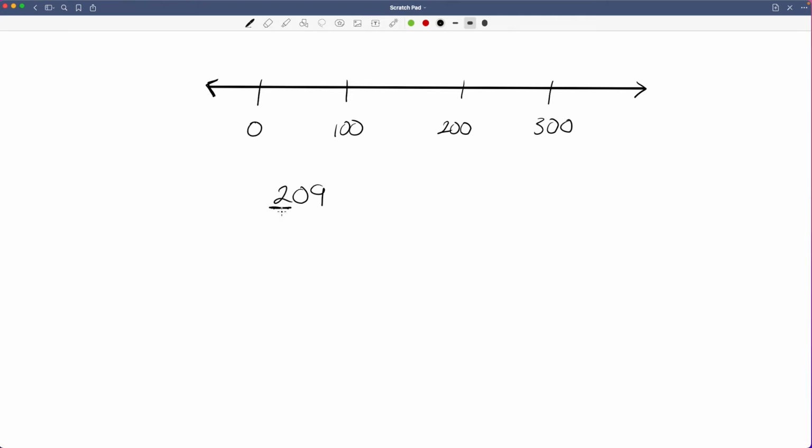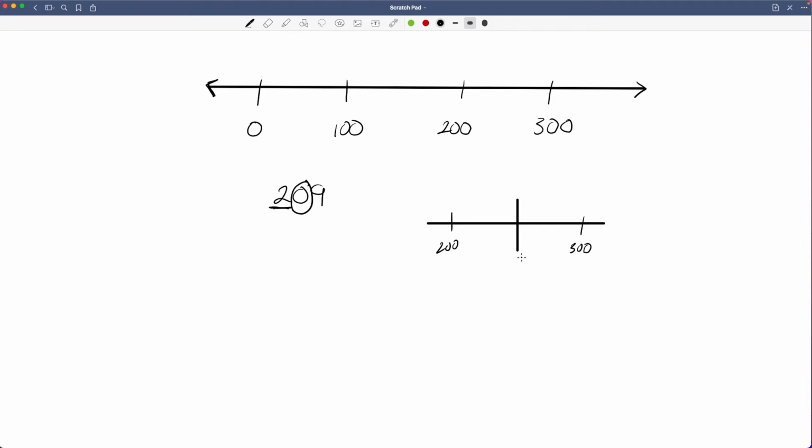How do I know what I need to tell them? Do I need to go up? Do I need to go down? Well, the way we do that is to look at the digit right next to it, which is a 0 here. And what we want to do is say, okay, in order to round, here's the 200, here's the 300. If it is halfway, right here, or more, then I'm going to go ahead and get the 300.